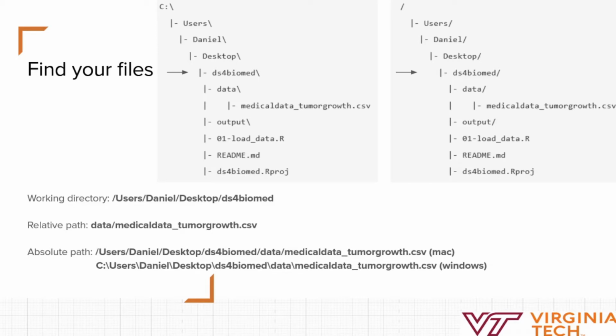Most of the time, if you're working with people who have data stored in one folder location and all their code in another, and it's really haphazard, you might see people write paths from the absolute level. The absolute level means I'm going to tell you the address to this file from the beginning of my computer. So if you see something like /users/Daniel/desktop/ds4biomed/data/medical data tumor growth, that is what an absolute path looks like.